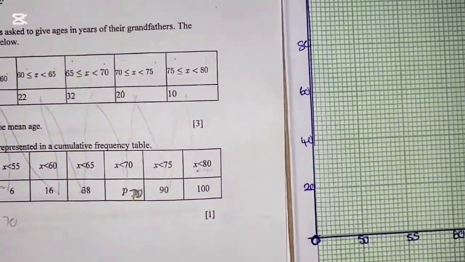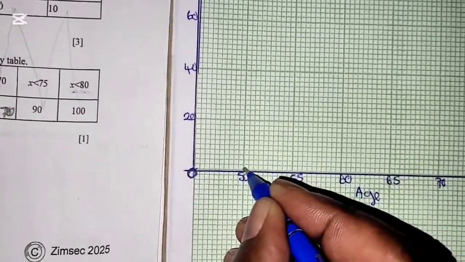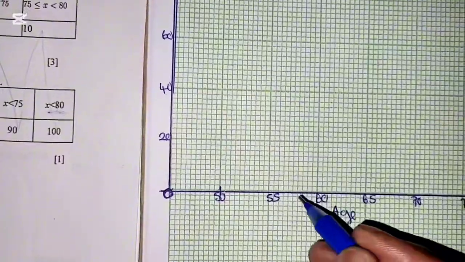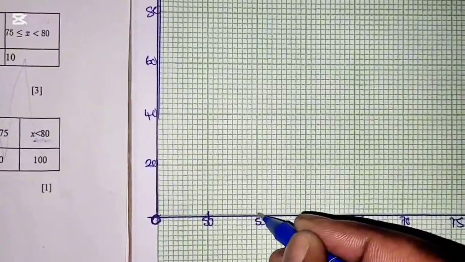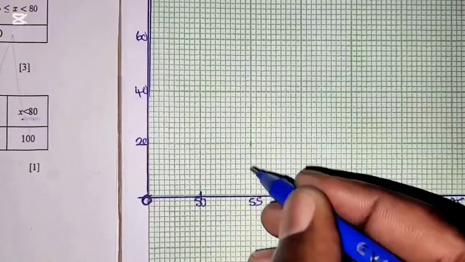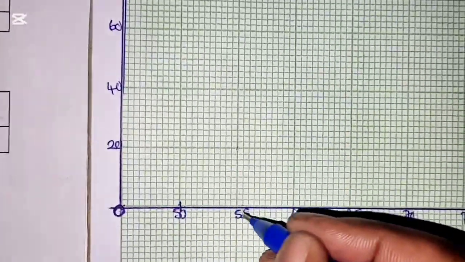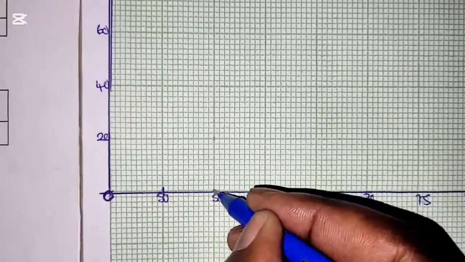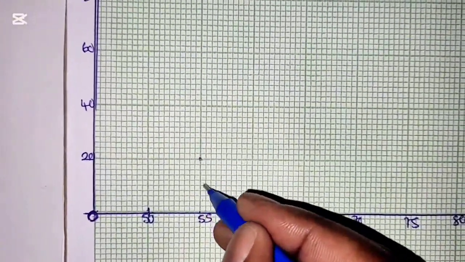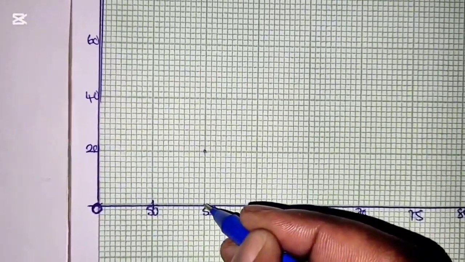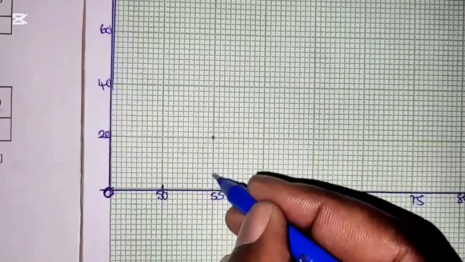So 50 and 0, it's right here. Then 55 and 6. From our scale of 2 centimeters to 2 units, from this point to this point, this box right here, there are 10 small boxes, meaning 10 divided by 2.